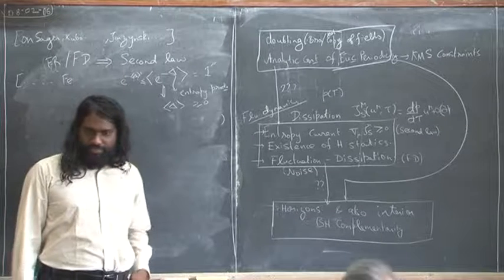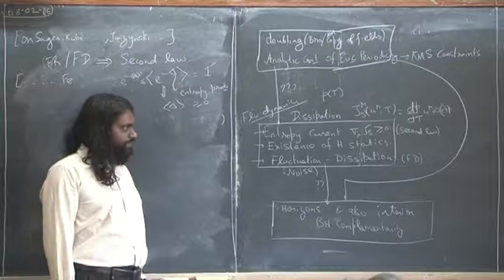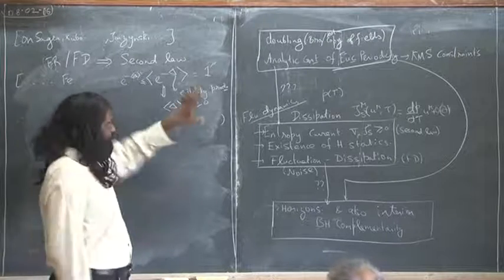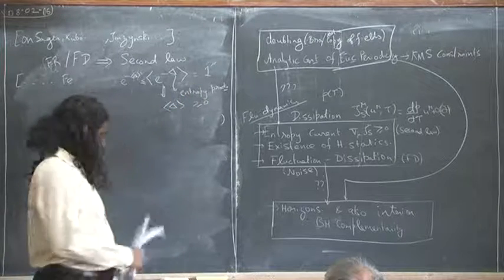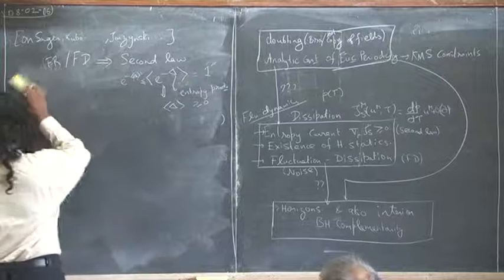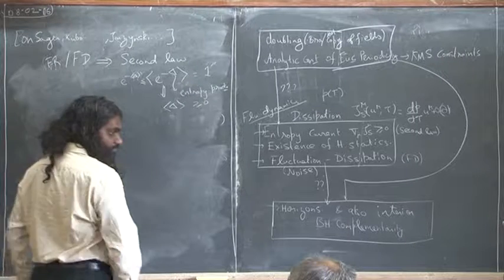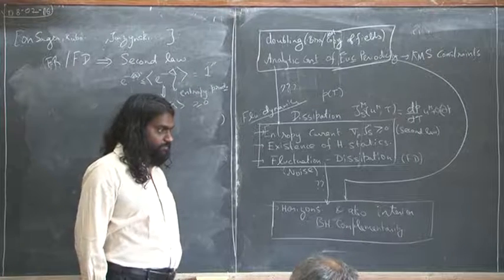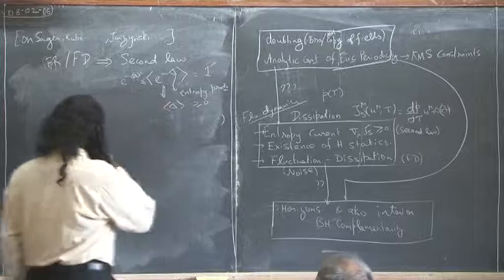I can tell you what it did, but there are various results of this flavor. Sorry, just one question: how is this sort of relation related to the fluctuation distribution thing?